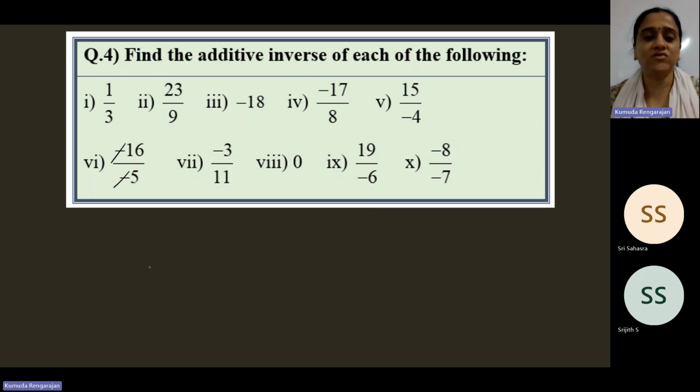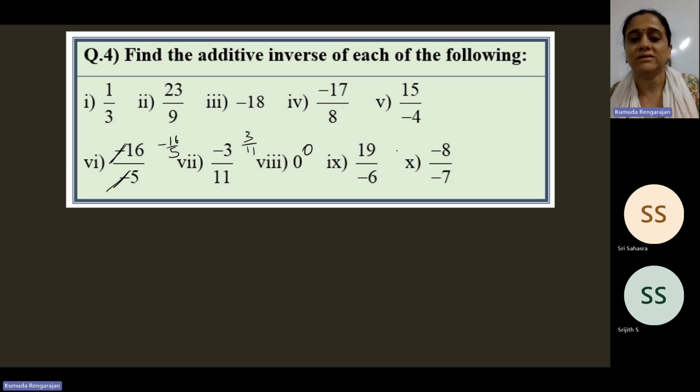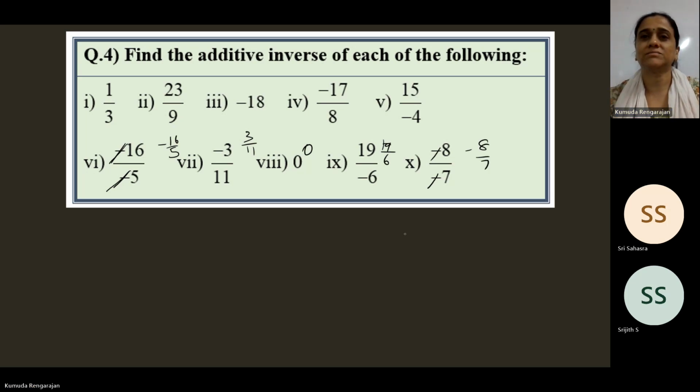Minus 16 by minus 5, you can cancel the minus in the numerator and denominator. So plus 16 by 5 is the number, and its negative is minus 16 by 5. Here, 3 by 11. Minus and minus cancel, so minus 8 by 7.